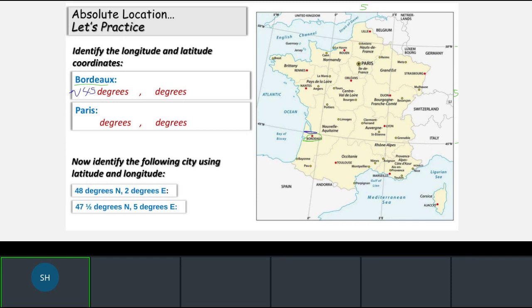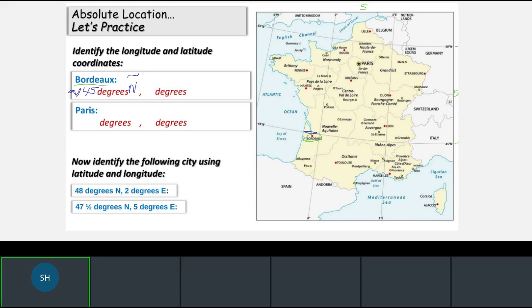It's probably more like 44.8 or 44.9 degrees, as they said in the video. And of course, remember, we are saying it is approximately, that little squiggle means approximately 45 degrees. We're going north, so it's got to be north. All right, 45 degrees north.